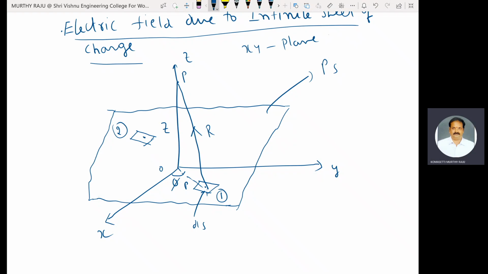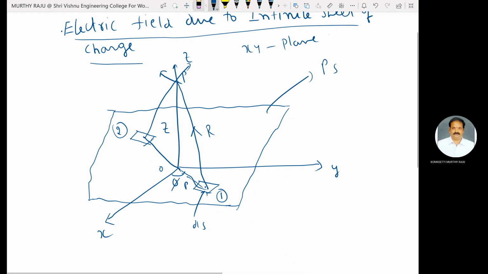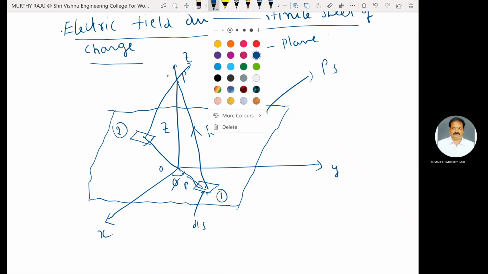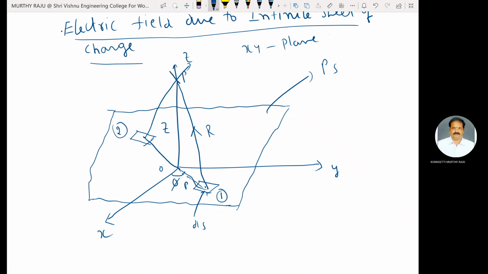This one is the origin, connected like this. Find the electric field intensity here at 0, 0, Z.